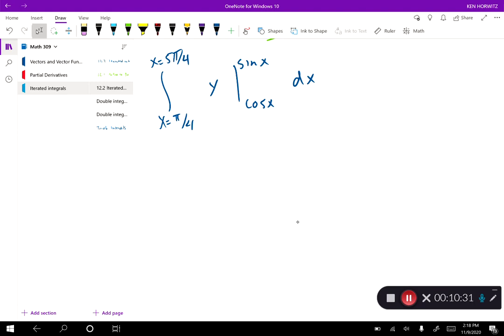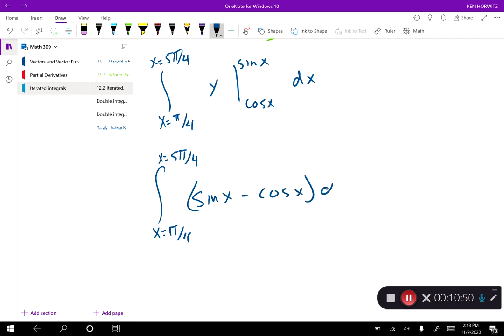All right, hopefully you did it correctly. Let's take a look. So x equals pi over 4, x equals 5 pi over 4. If I'm plugging in my upper bound of sine x, I subtract my lower bound of cosine x, and I have my dx right here.